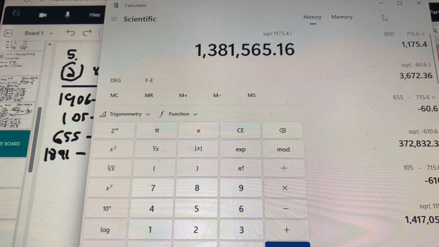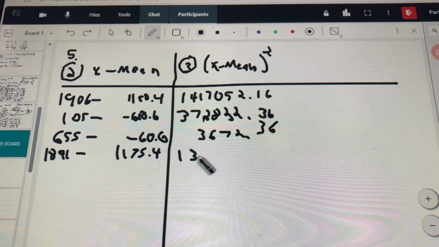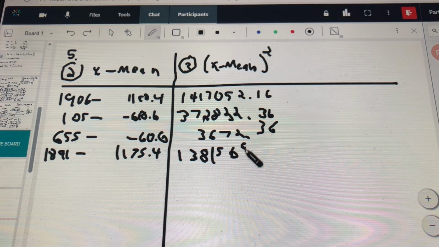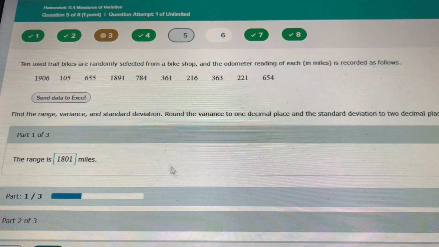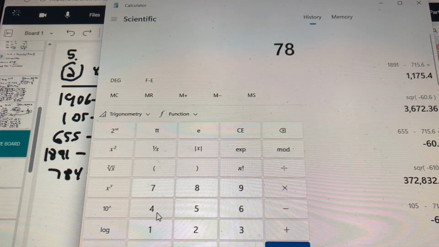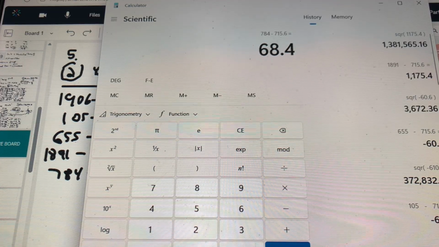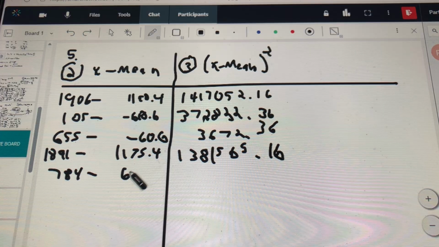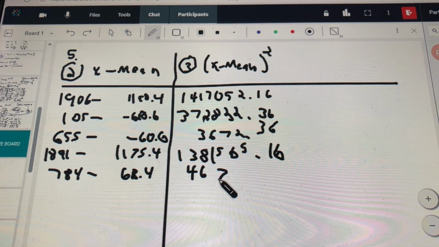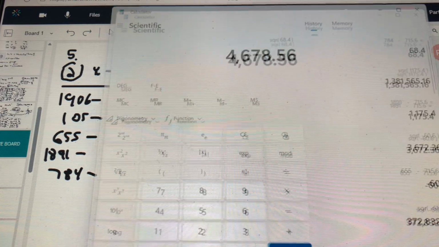So square it. 1381565.16. 784 minus memory recall is 68.4. Square it. 4678.56.